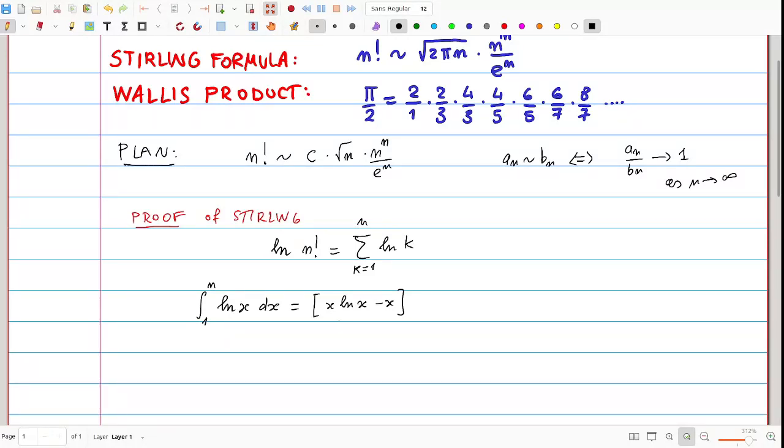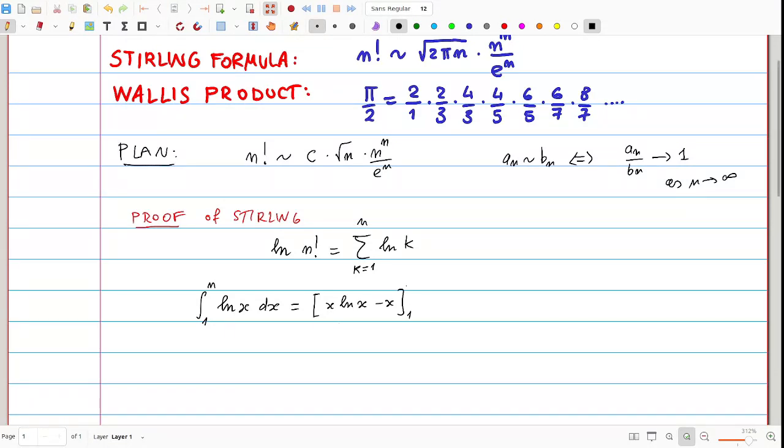Check it: you take the derivative of x log x, you get 1 times the logarithm, so this is the logarithm. Then you get x times the derivative of log x, which is 1 over x, so 1, minus the derivative of x, which is 1, so the 1s cancel out.